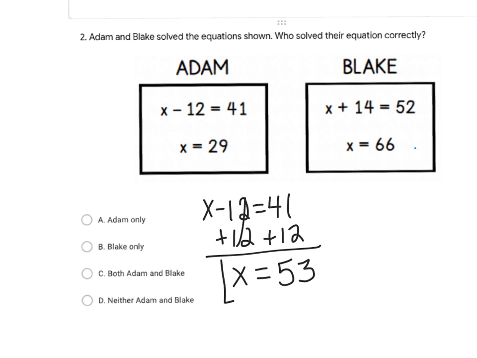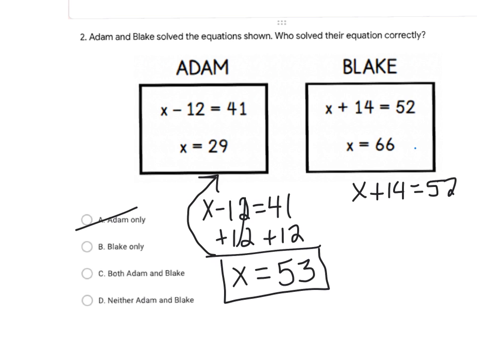Well, poor Adam got 29. So I wonder what he did. He looks like he subtracted, didn't he? And then Blake, x plus 14 equals 52. And by the way, once you realize that it's not Adam, it can't be both Adam and Blake.